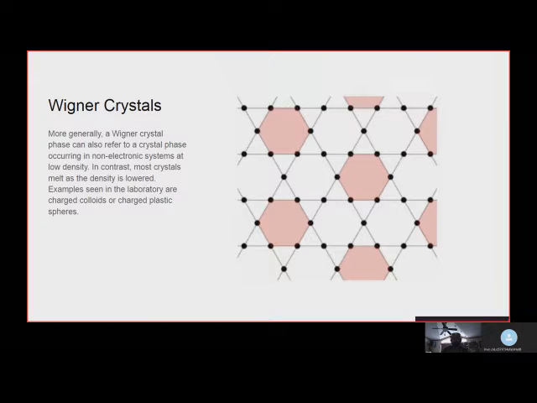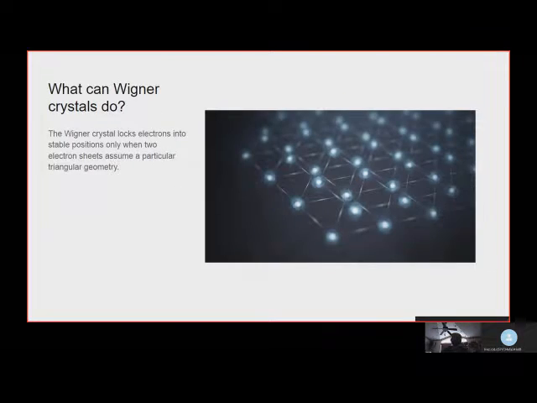Examples seen in the laboratory are charged colloids or charged plastic spheres. So what can Wigner crystals do? The Wigner crystal locks electrons into stable positions only when two electron sheets assume a particular triangular geometry. So it works in the A3 lattice, the cubic centered packing arrangement.